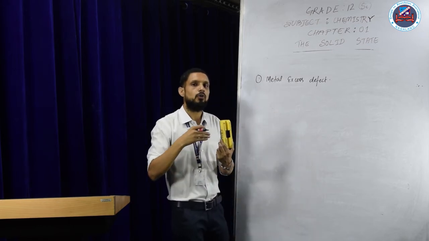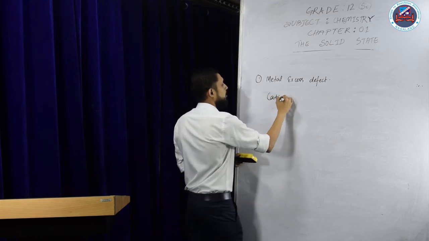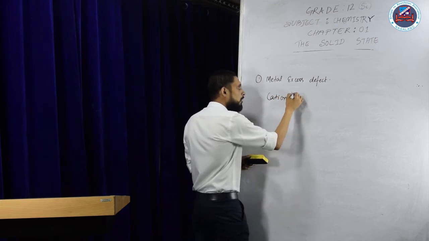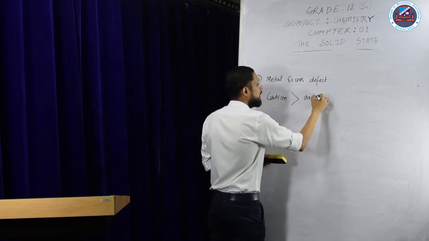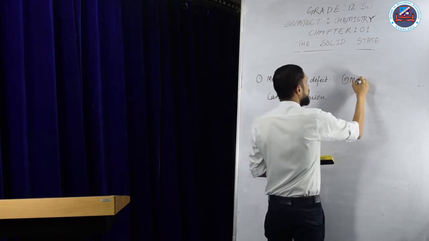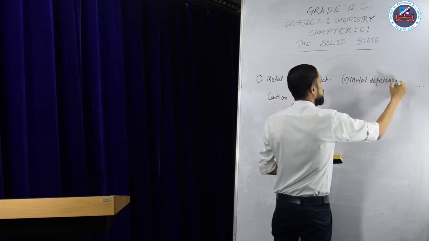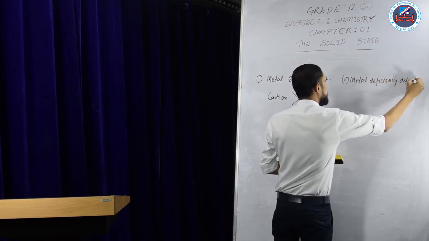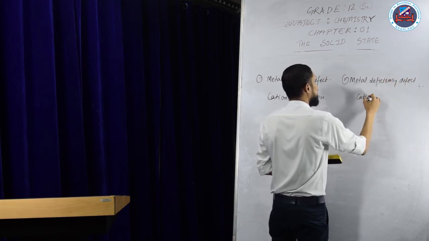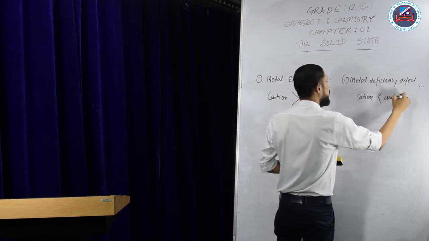If you take an ionic solid, the cation number will be more than the anion. Whereas in case of metal deficiency defect, the number of cations will be less than the number of anions.